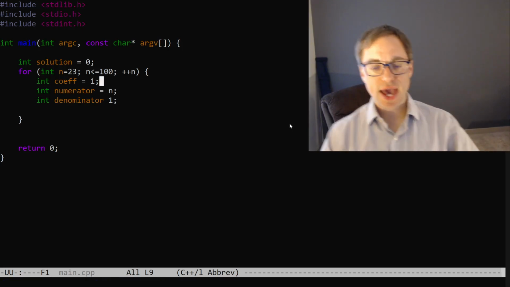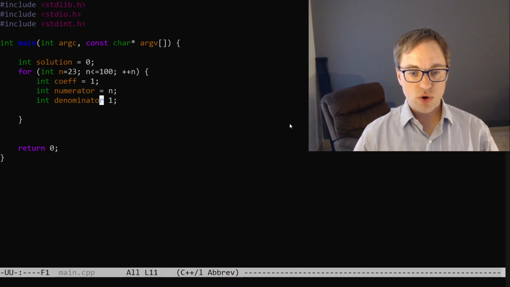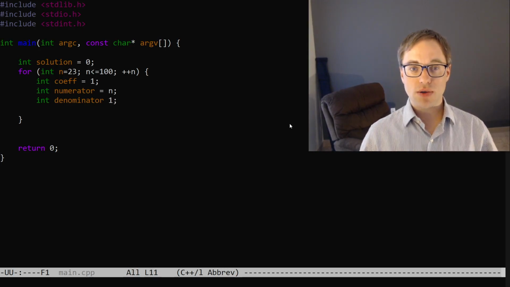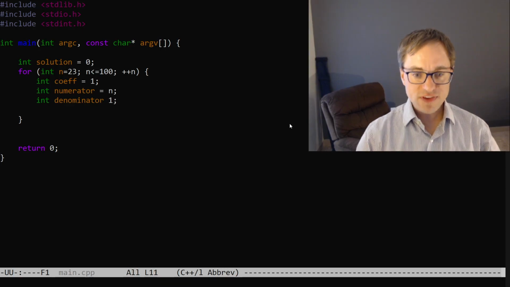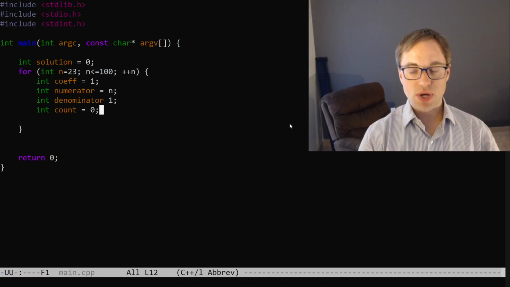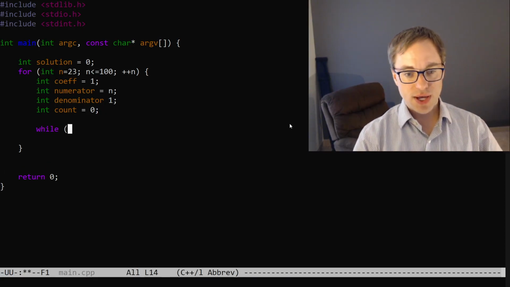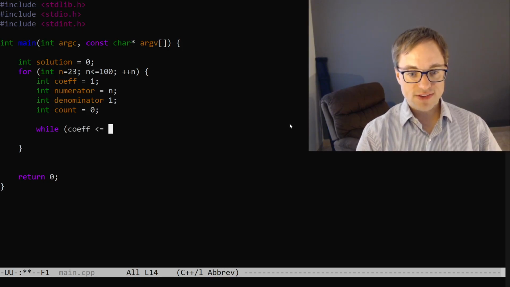And we're going to count the number of coefficients that we find that are less than or equal to 1 million. Now this is a bit tricky because we're actually going to start off with the count equal to 0. That's because we're going to enter into our loop down here where we say coef less than or equal to 1 million.